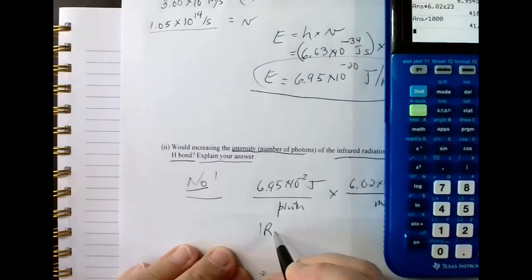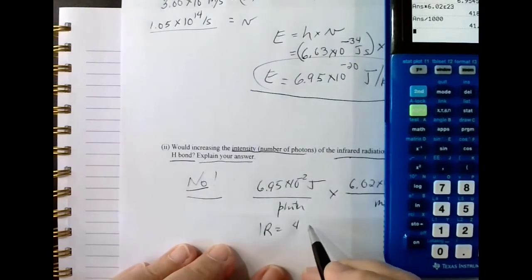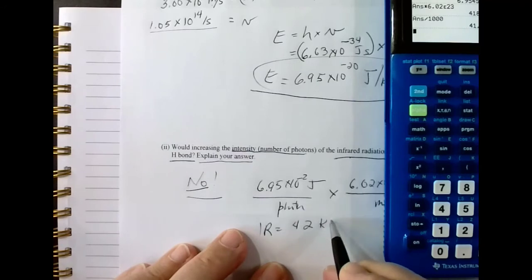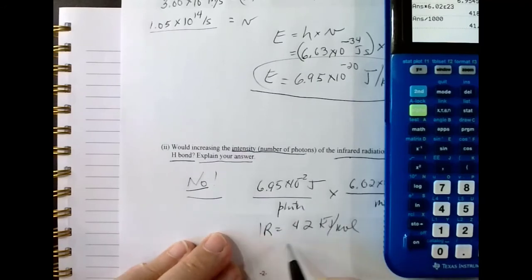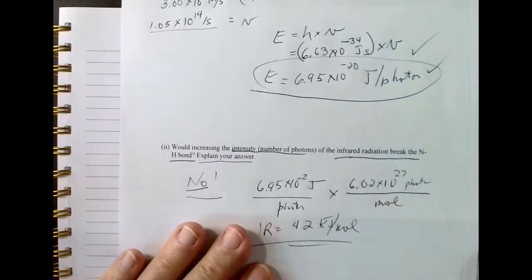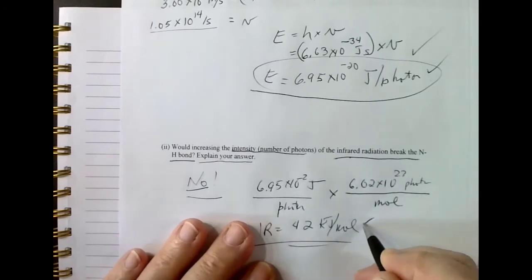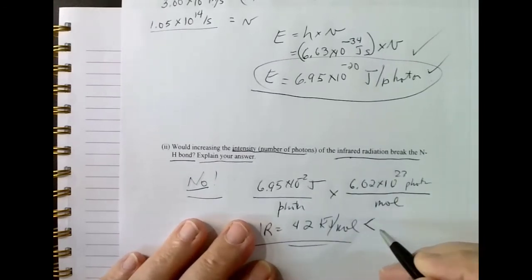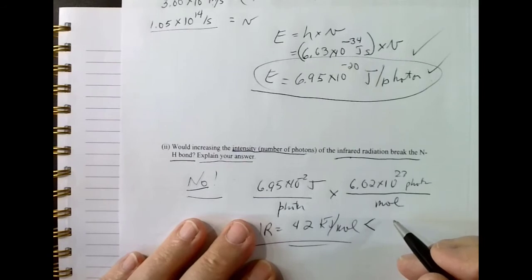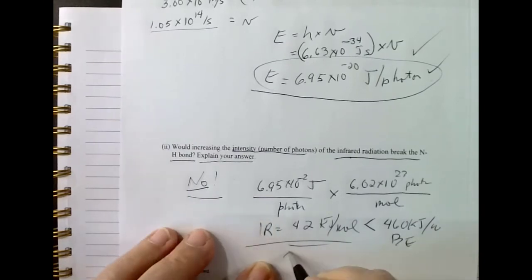IR equals 42 kilojoules per mole. That is, all we got to do is say it's less than the binding energy, which was 460 kilojoules per mole. Not enough.